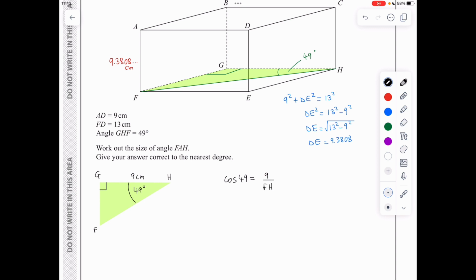FH is the hypotenuse. So FH cos of 49 is equal to 9, leading to FH is 9 over the cosine of 49, and therefore this turns out to be 13.718... centimeters.